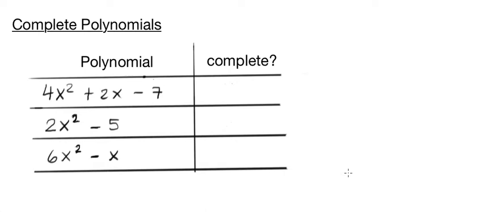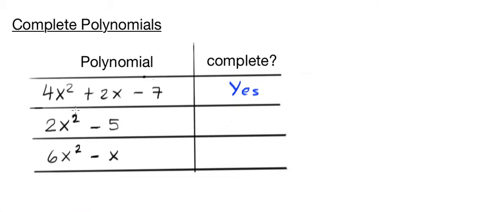But before we go to the next example, let me explain to you what is this idea of a polynomial being complete or not. A polynomial is complete if it has all its terms: constant term, linear term, quadratic term. For instance, this polynomial x squared plus 2x minus 7 is complete. However, this polynomial 2x squared minus 5 is not complete.